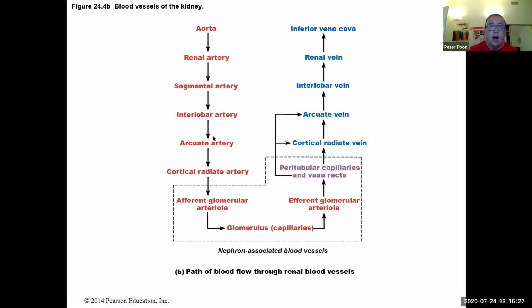So here the aorta, the renal artery, the segmental artery, the interlobar, the arcuate, and then the cortical radiate artery, which you don't really have to worry about. And then here you do, because here we're inside the glomerulus. We'll get back to that in a second.